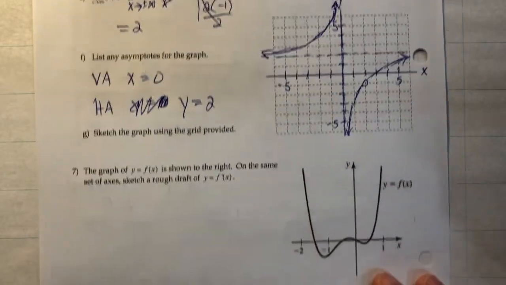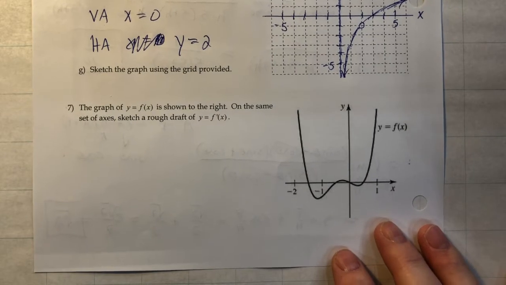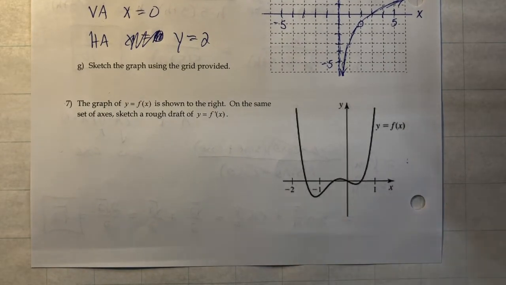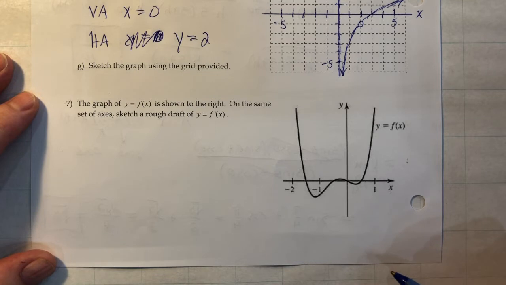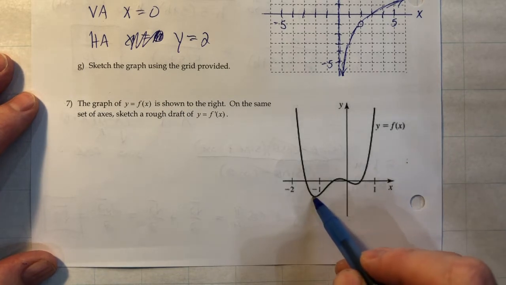All right, moving on to number 7. They've shown us the graph of y equals f of x, and on the same set of axes, they'd like us to sketch a rough draft of y equals f prime of x. So one of the things that I want to use to get started is places where the derivative would be 0. The derivative would be 0 anywhere the original graph has a horizontal tangent, and it looks like there's a horizontal tangent right here at this low point.